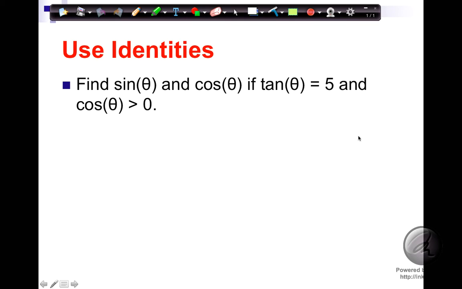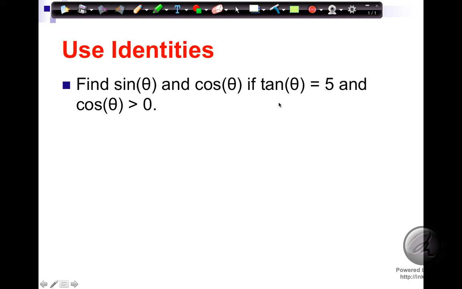So we're going to find sine and cosine if tangent is equal to 5, and we know that cosine is greater than 0. That actually comes down to reminding us that if tangent is positive and cosine is positive, well, tangent is positive here and here, and cosine is positive here and here, we're looking at an answer in quadrant 1, which means sine will also be positive.